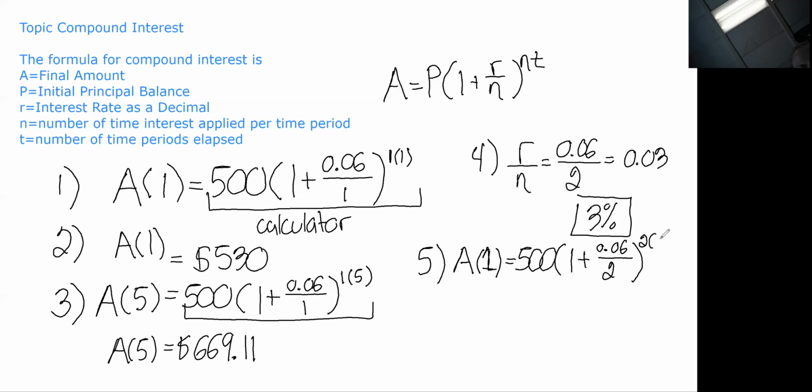And our time period elapsed is 1 year. Plug that into our calculator, and we find that A of 1 is equal to 530.45.